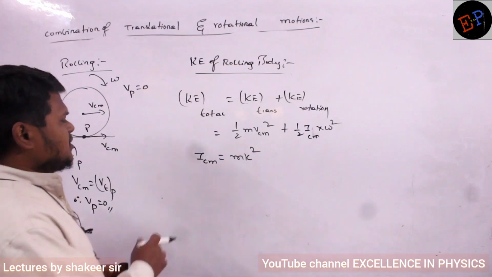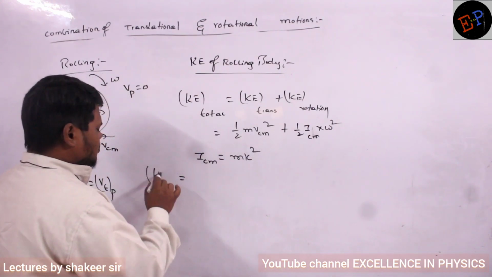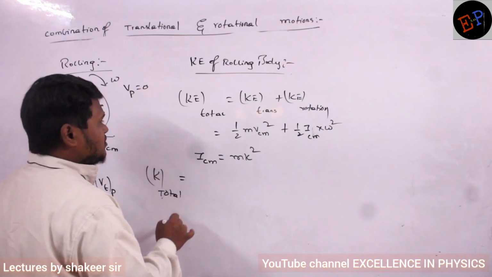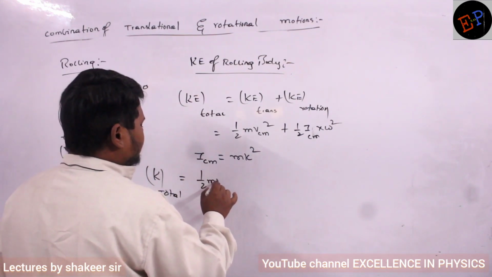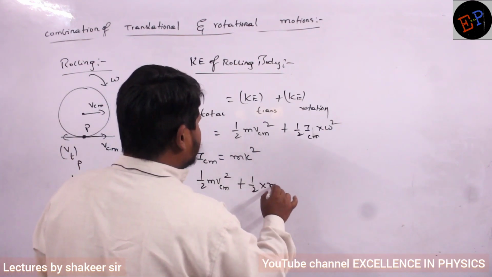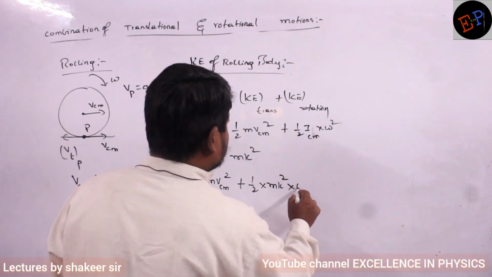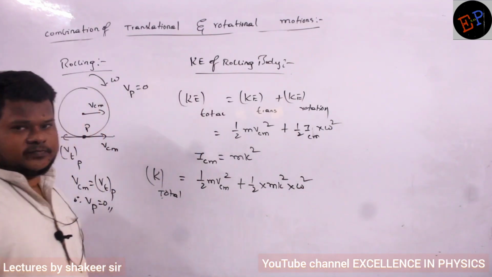Are you able to understand? So take this value and substitute here, then what will I get? So total kinetic energy is equal to half m v center of mass square plus half, instead of I center of mass I can write mk square multiplied by omega square. I can write like this. No? Are you able to understand?